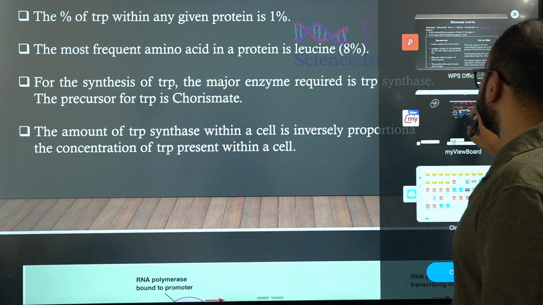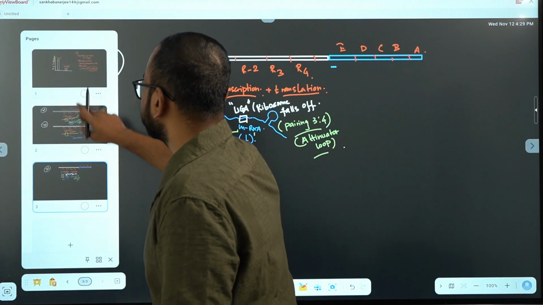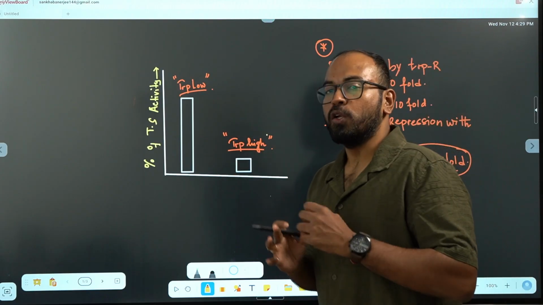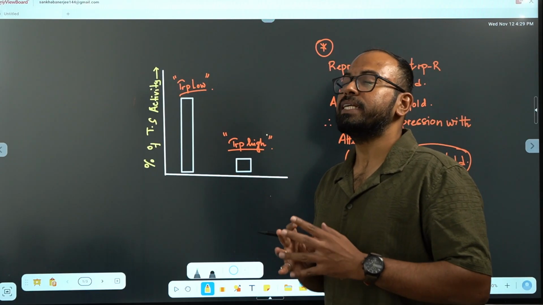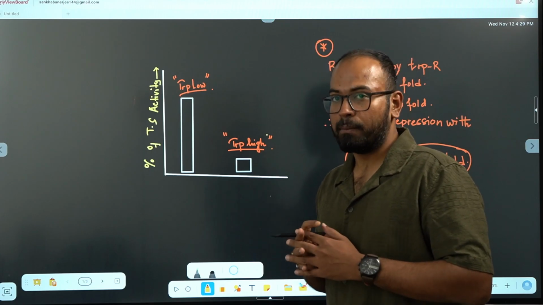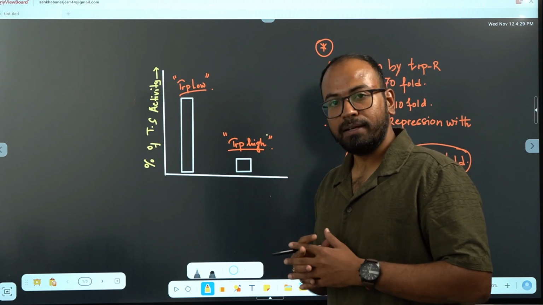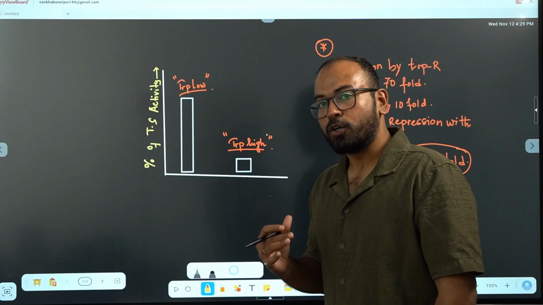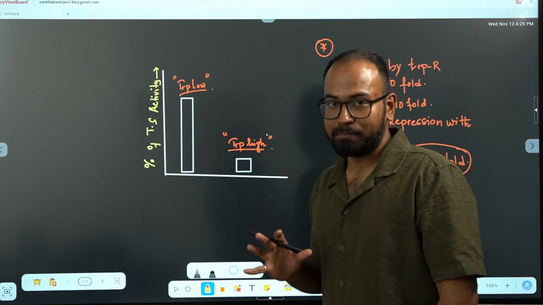What type of question can come from this segment? Now let's see. As we all know, when the percentage of tryptophan within a cell is less, then we need to synthesize more tryptophan via the Trp Operon, and for that we need to enhance the tryptophan synthase enzyme.